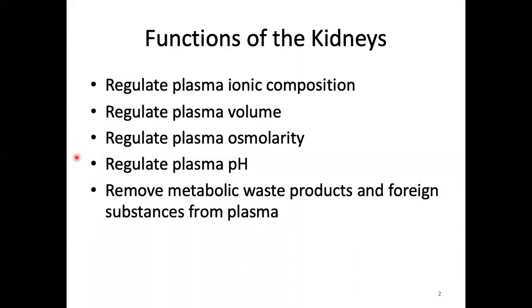The kidneys need hormones to help maintain homeostasis of the plasma and blood pressure. And the main regulatory mechanism for blood pressure is going to be the kidneys, right? So you're going to dump water out into the urine if blood pressure is too high, and you're going to hold on to water when blood pressure is low.